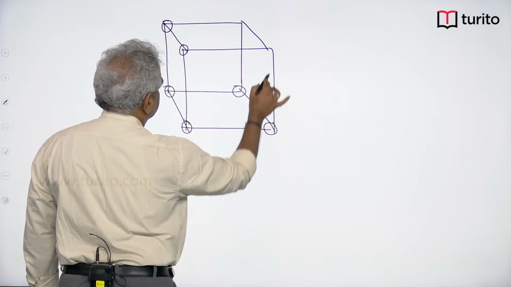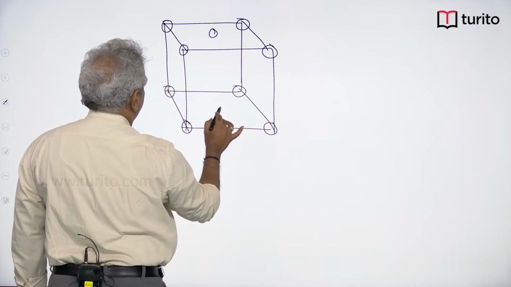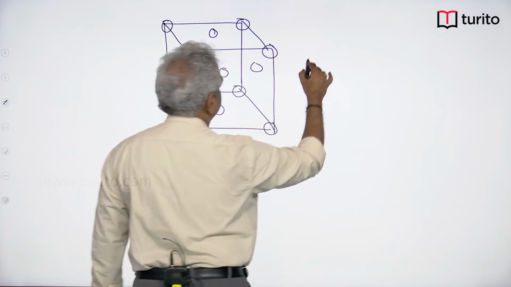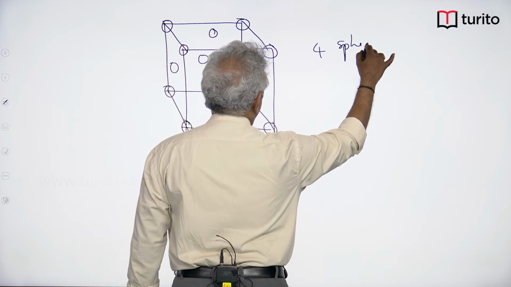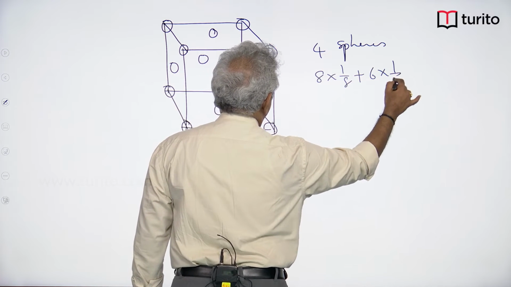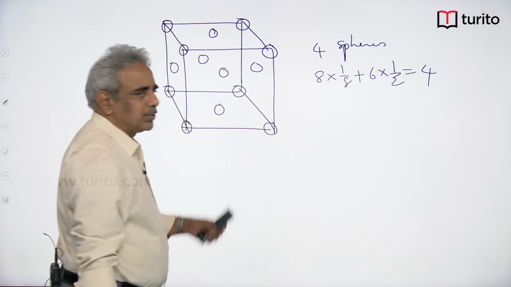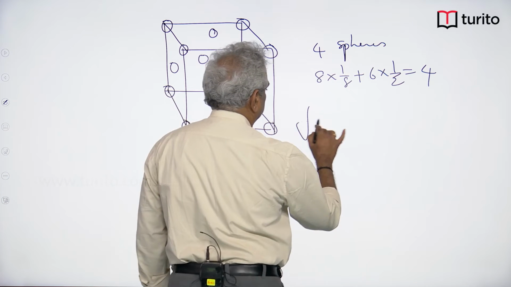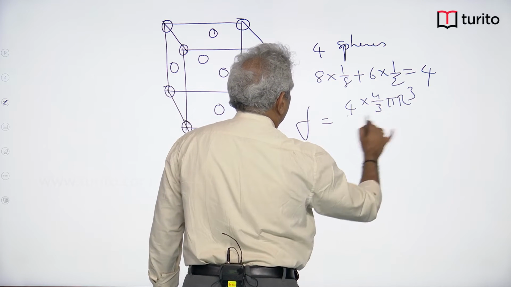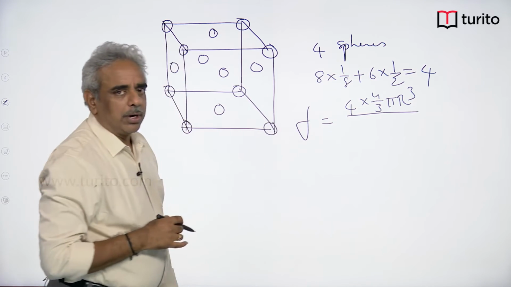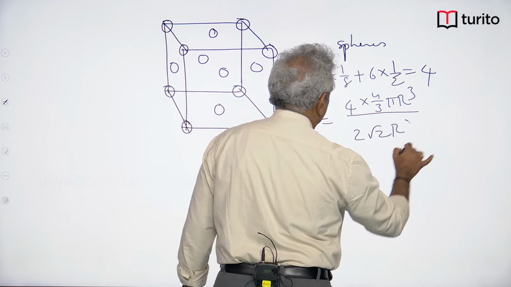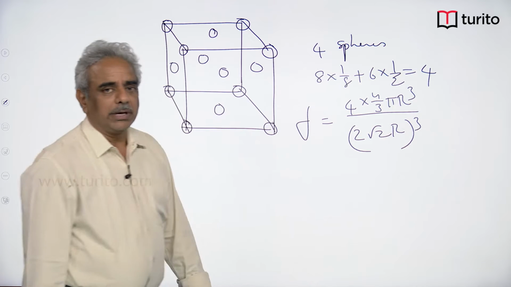And in my previous lectures, I have done packing efficiency of this, because this has got 4 atoms, 4 spheres, because 8 into 1 by 8 plus 6 into 1 by 2 makes 4. There are 4 spheres. So, 4 into 4/3 pi r cube by a cube. a cube is what? The volume of the unit cell. So, 2 root 2 r whole cube. Why 2 root 2 r? Because a is 2 root 2 r.